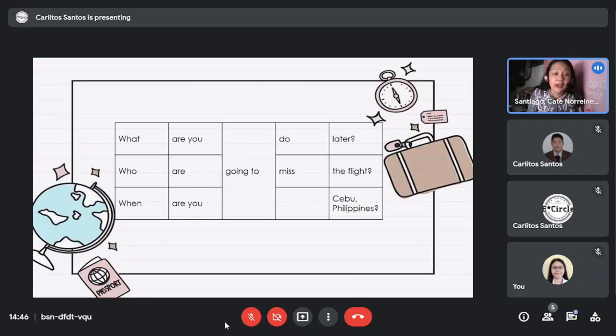We have here, "What are you going to do later?" Of course, you can take a bath. Second, we have the flight. And for the last sentence, can you please read, Carlitos?